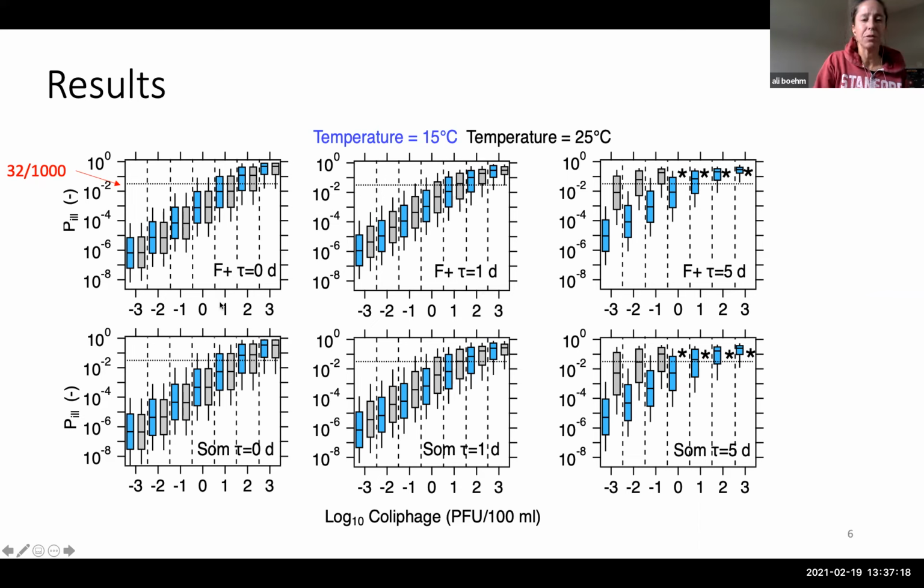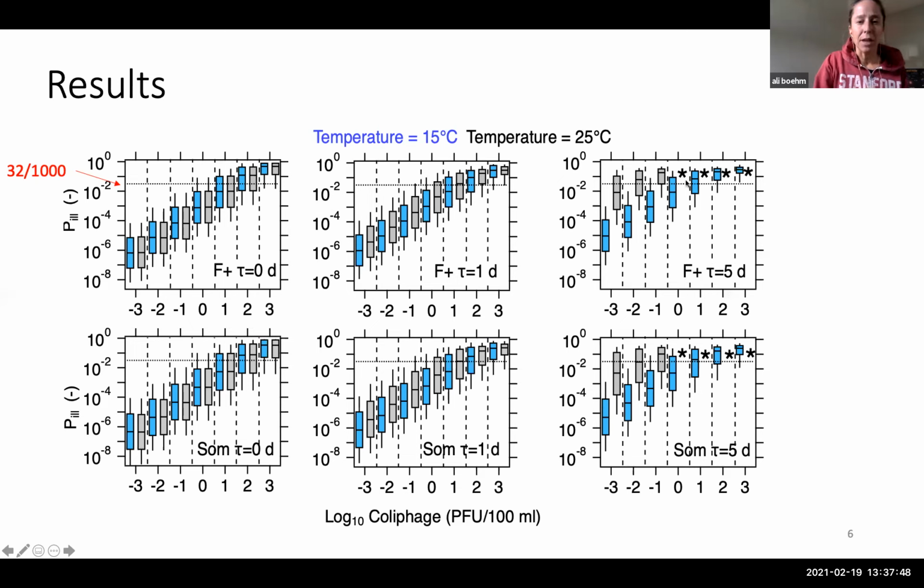So for example, if you have fresh contamination and you measure 10 to the 1 PFU per 100 mL, that's 10 PFU per 100 mL, then you would expect median probability of illness to be about 10 to the minus 2. Each of these box and whiskers shows a different temperature, 15 and 25, and you can see that the blue and the gray boxes start to look different for tau equals 5 days.